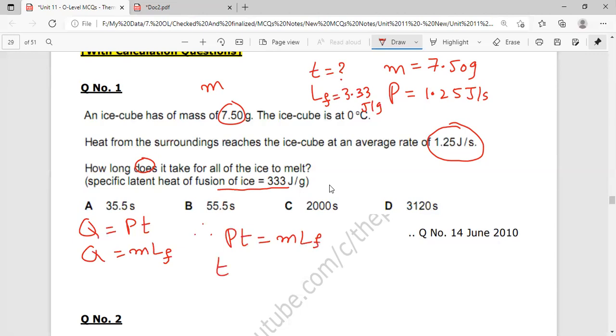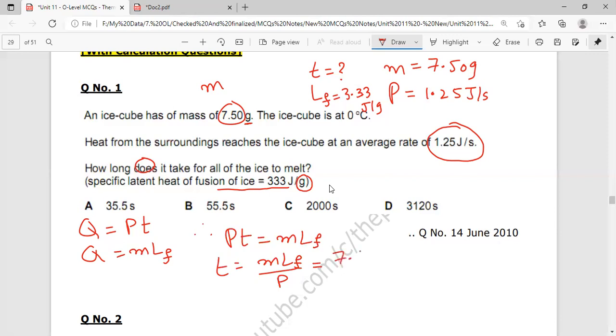T is equal to MLF over P. Since the latent heat of fusion is given per gram, we do not have to convert grams into kilograms. Otherwise, the standard method to solve these questions is to convert grams into kilograms, but since the given value of the latent heat of fusion has grams, we will not convert grams into kilograms.